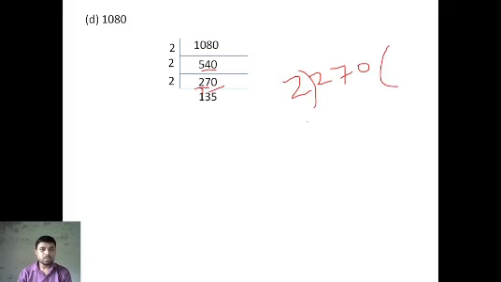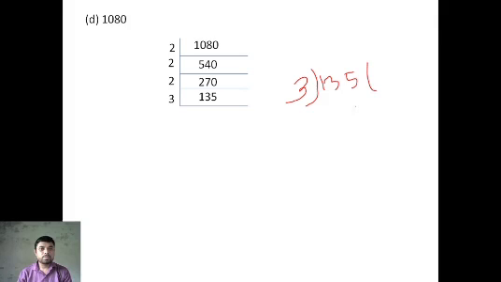Now 135. Look, will it go by 2? No, because it is an odd number. If it is not divisible by 2, check by 3. So what will you get? You will get 45.